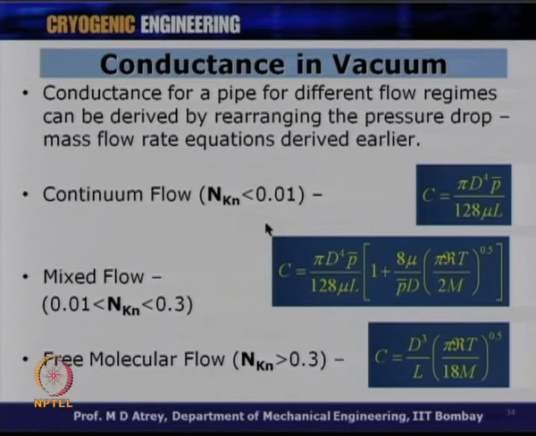And therefore, it is very important to know such relationships which are normally standardized to understand what happens to the conductance when there is a bend in a pipe, when the pipe is straight, when the pipe has got some curvature, for example.